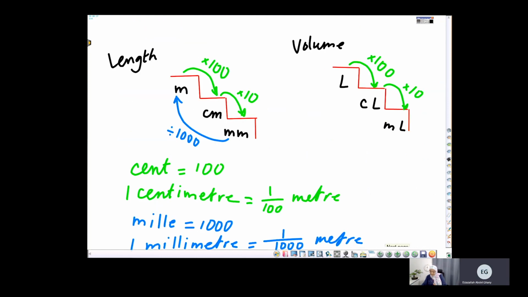Now we want to change from centiliter to liter. Let's remember, here is centiliter and here is liter. You just go up from small to big, divide by 100.